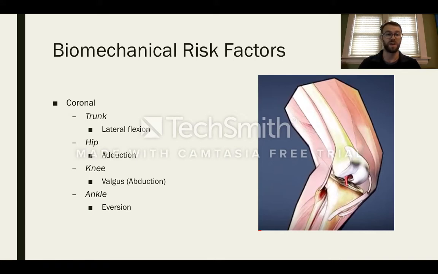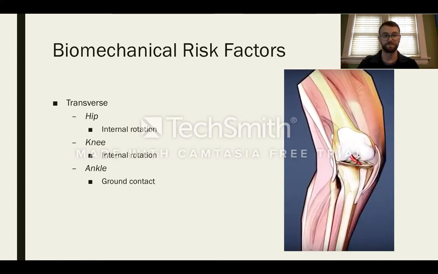Also, if the hip adducts, allowing the knee to travel towards the midline, as I mentioned before, we most typically think of knee valgus positioning. Sometimes this is referred to as knee abduction. Increased risk can be incurred from that, and also ankle eversion, which again allows the knee to travel inward or towards the midline of the body.